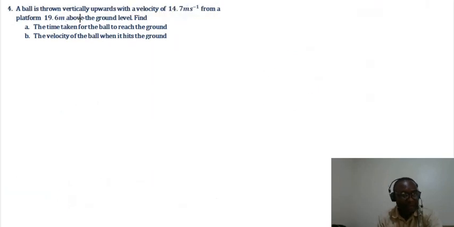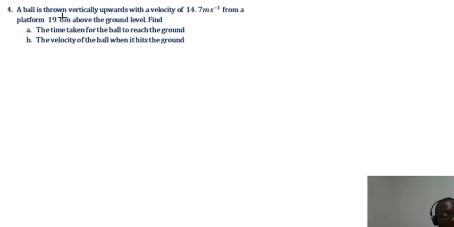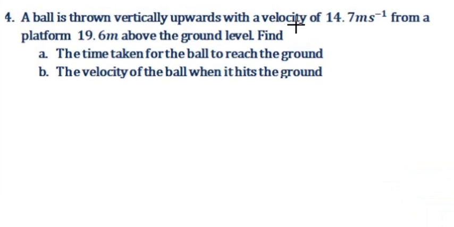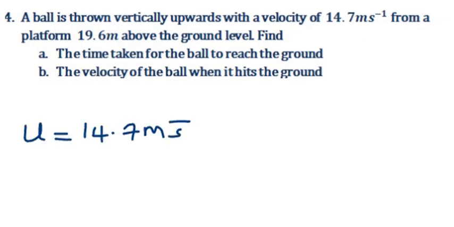Our fourth example is here. A ball is thrown vertically upwards with a velocity of 14.7 meters per second. Initial velocity 14.7 meters per second from a platform. So we have a platform where we are throwing it from 19.6 meters above the level ground.